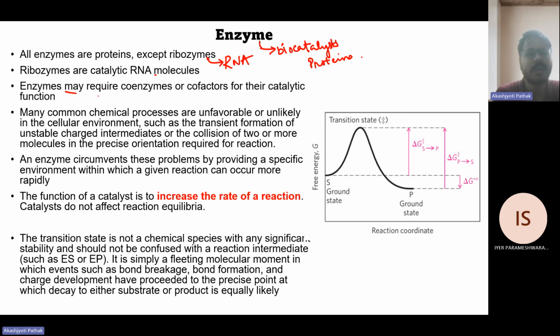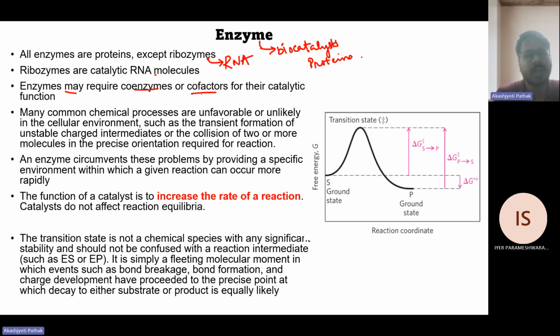Enzymes may require coenzymes or cofactors. Enzymes are proteins, but other than the protein, they may have some non-protein part. The non-protein part of the enzyme is called a coenzyme or cofactor.